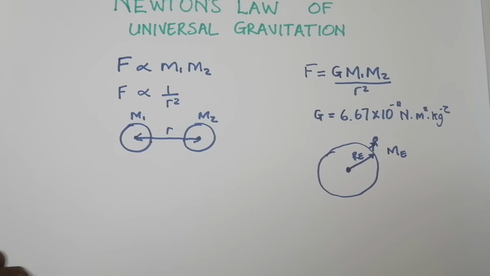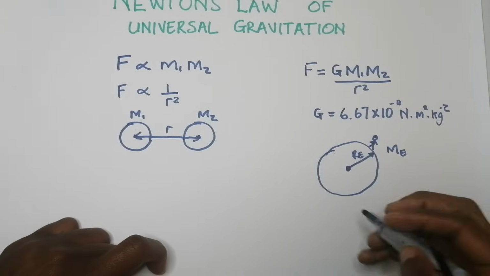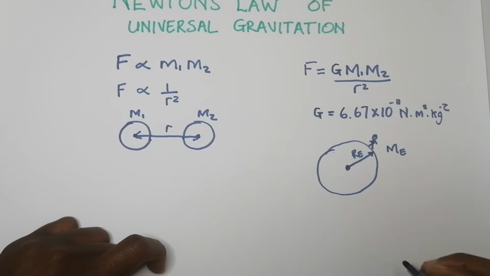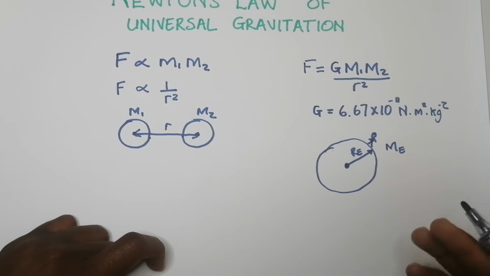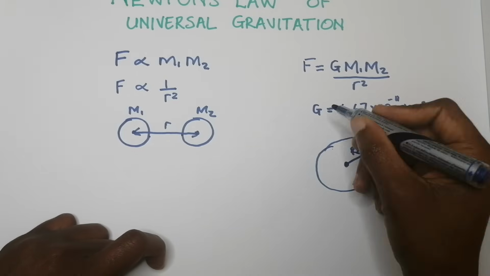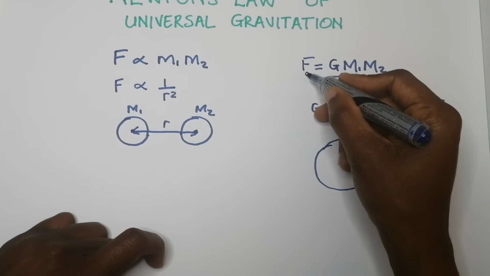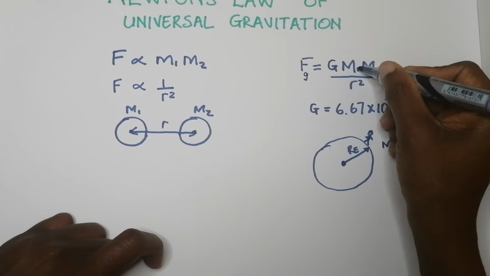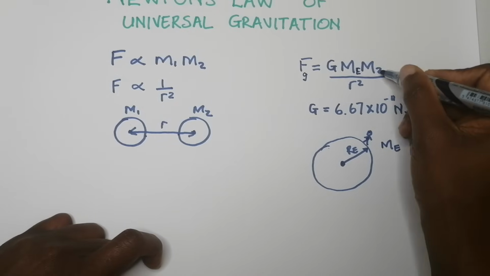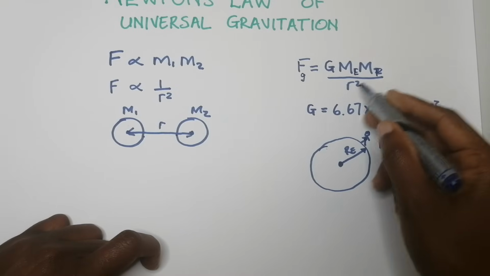So when we consider calculating the weight or the force of gravity, if we wanted to find the force of gravity on this person on or near the surface of the Earth, you simply use that formula: the force of gravity is G times the mass of the Earth times the mass of the person, divided by R squared.